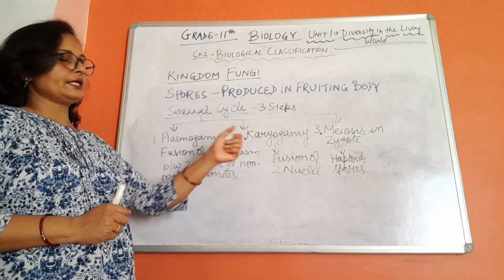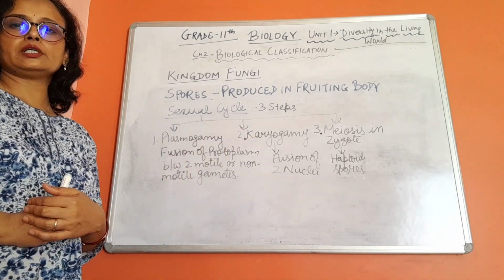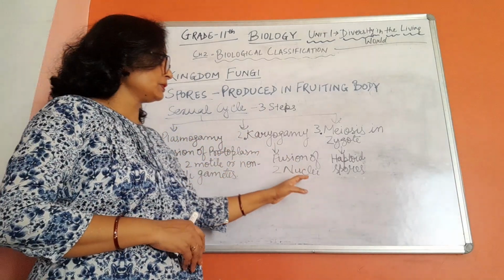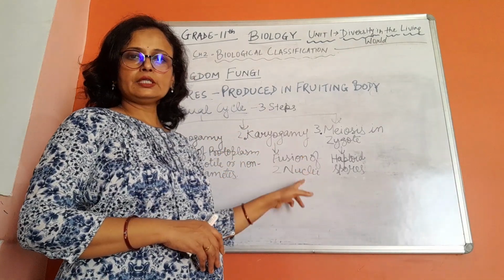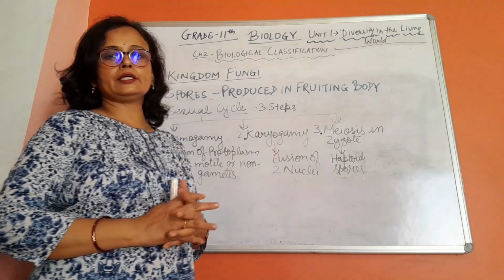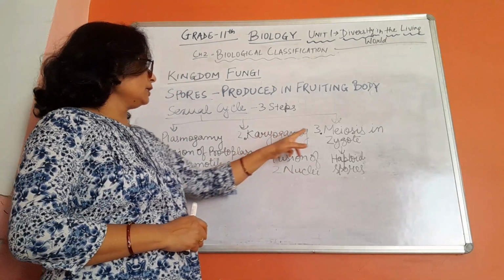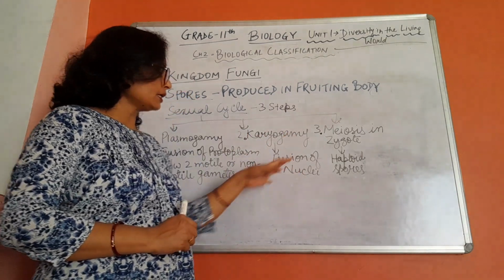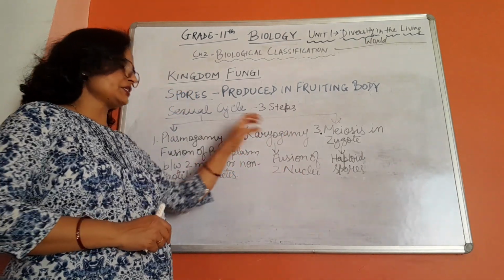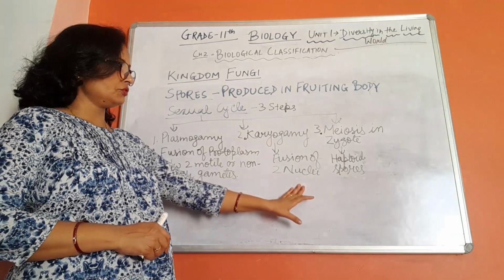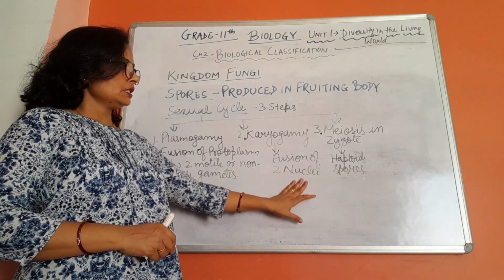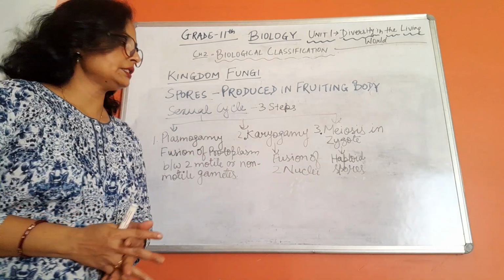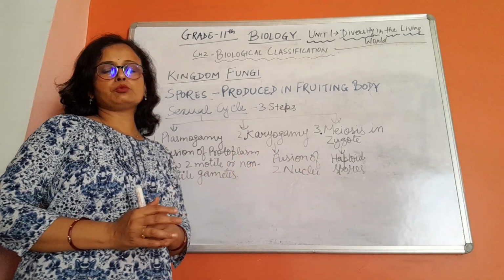Fusion of protoplasm. Okay, first step. Second step, karyogamy, that is fusion of nuclei. The nuclei of the 2 gametes fuse, that is karyogamy. The term karyo is related to nucleus. Then meiosis in zygote. Once karyogamy takes place and the zygote is formed after the fusion of gametes, that zygote further divides meiotically and haploid spores are formed.